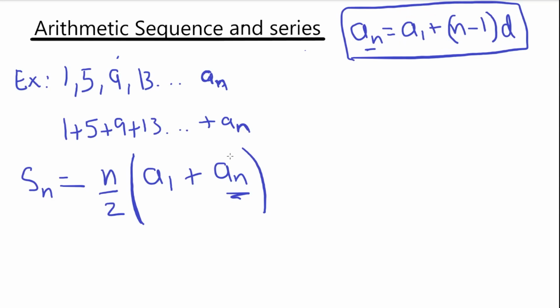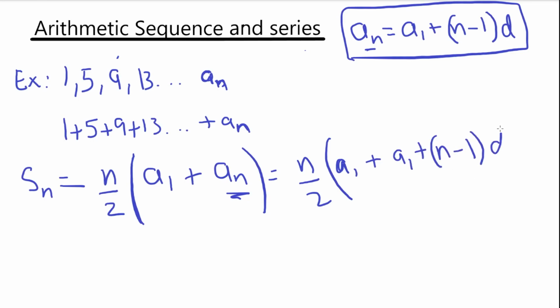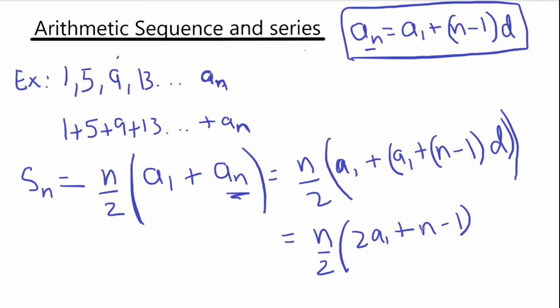So this will be n over 2 multiplied by a1 plus a1 plus n minus 1 d, or n over 2 times 2a1 plus n minus 1 d.